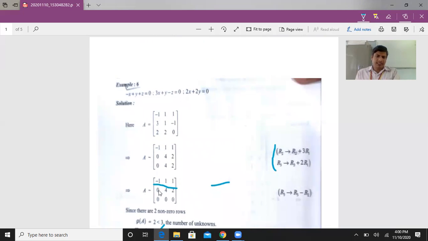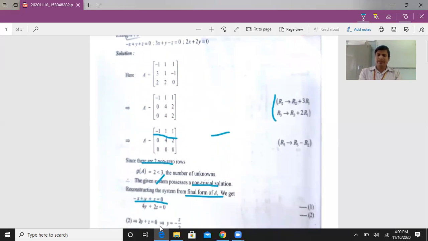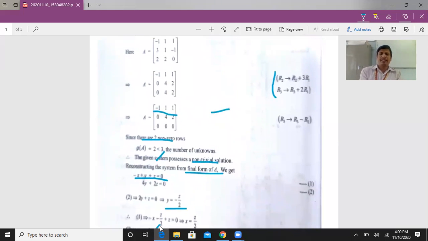After that, there are 2 non-zero rows. Therefore, rank of A equal to 2, which is less than 3, the number of unknowns, x, y, z. Therefore, the system possesses a non-trivial solution.